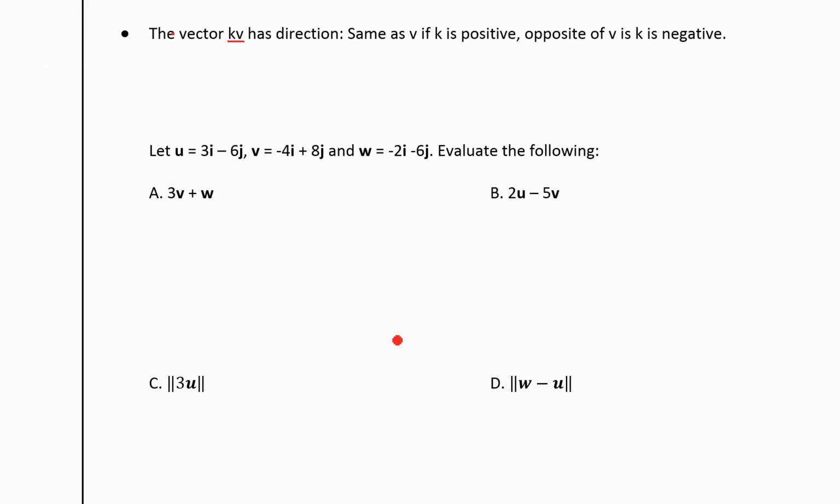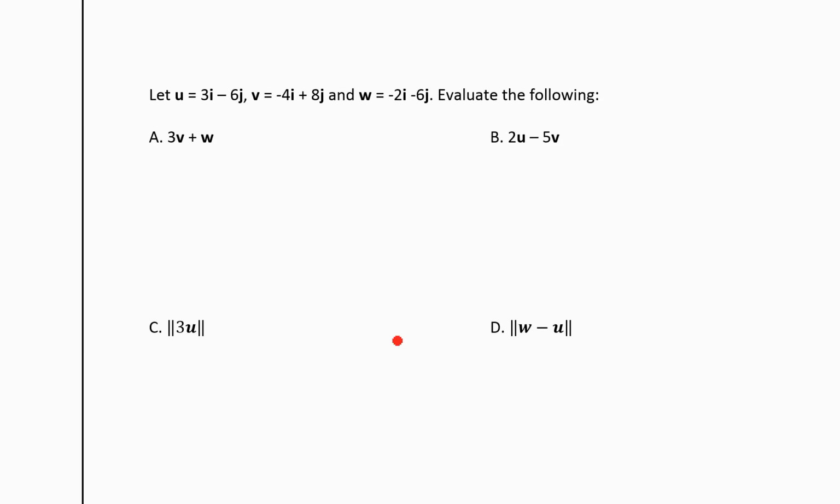So we can add and subtract vectors, and it'll be kind of like combining like terms. So here we have a couple of vectors. We're told that u is 3i minus 6j, v is -4i plus 8j, and w is -2i minus 6j. So we first want to find 3v plus w. So we're going to take 3 and put our v, and then plus w.